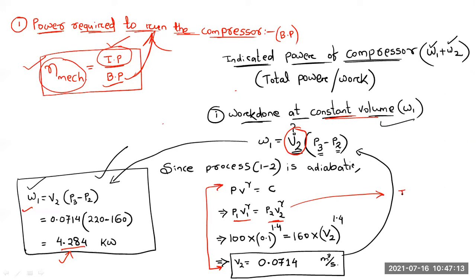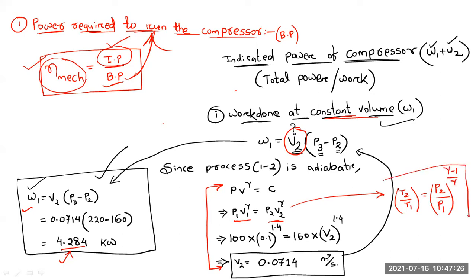T2 by T1 is equal to P2 by P1 whole to the power gamma minus 1 by gamma. So these relations you have to remember.